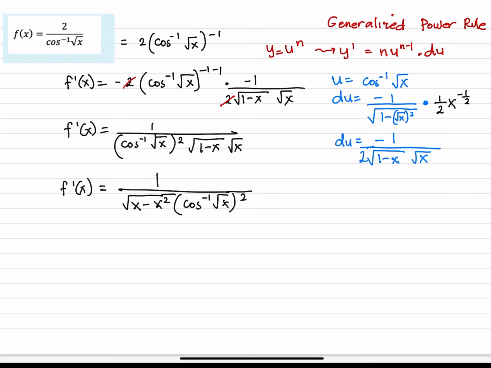Now, however, I saw some of your solutions in which they made use of the quotient rule. It's okay. So let me just show that too. F of x equals 2 all over arc cosine of the square root of x.